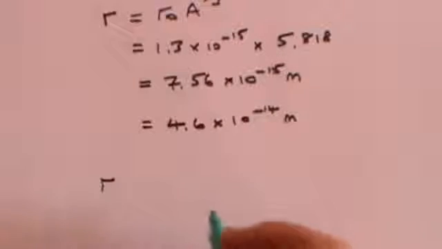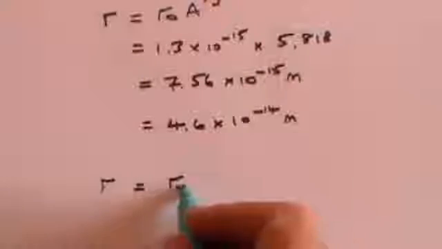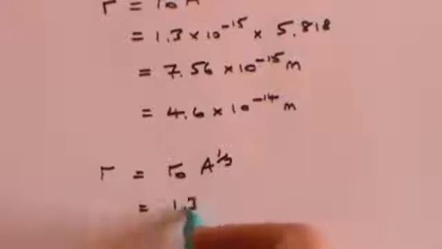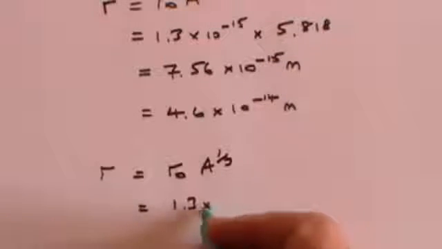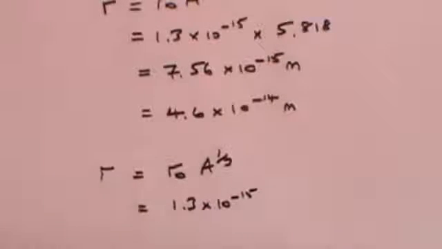Let's also consider the radius of lead. That will be again R0 times A to the 1/3. We'll use 1.3 times 10 to the minus 15 again. This time, lead has a value of neutrons plus protons of 208.